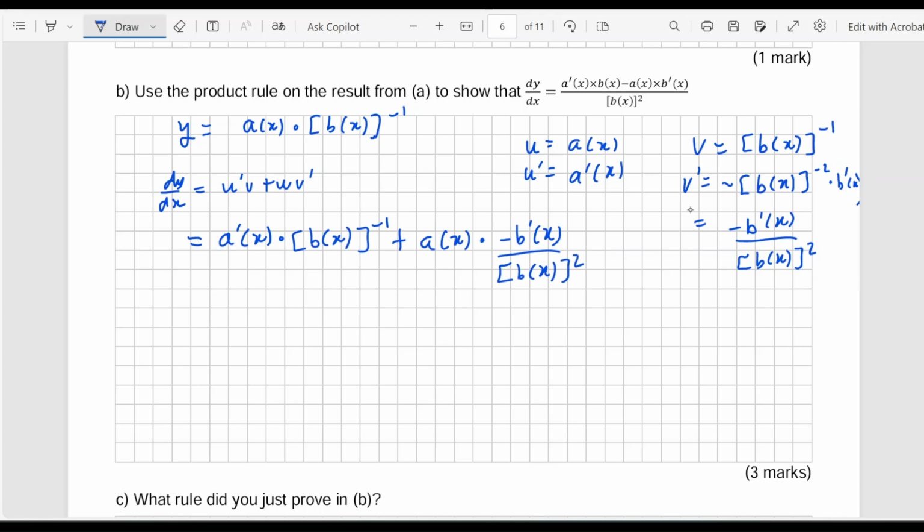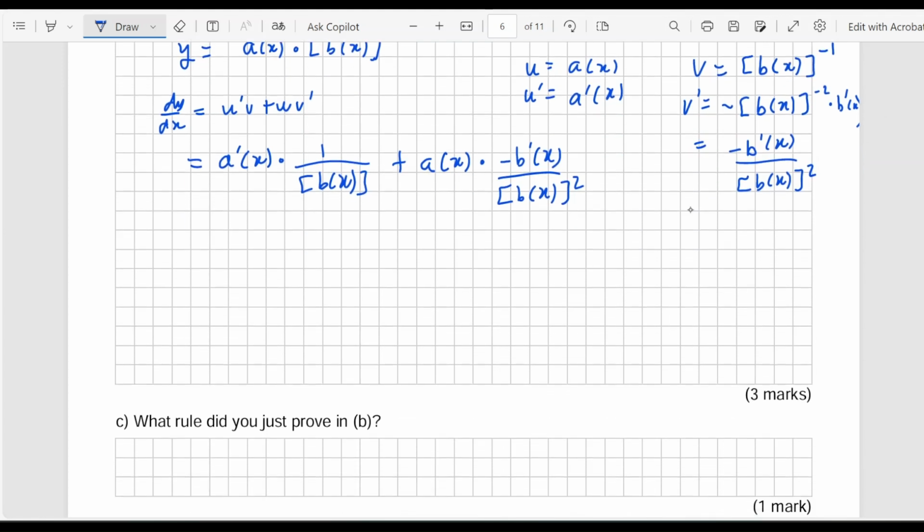What I might also do is write this thing here as 1 over b of x, just like that. All right, so this is going to be a' of x over b of x plus a of x b' of x over b of x all squared.